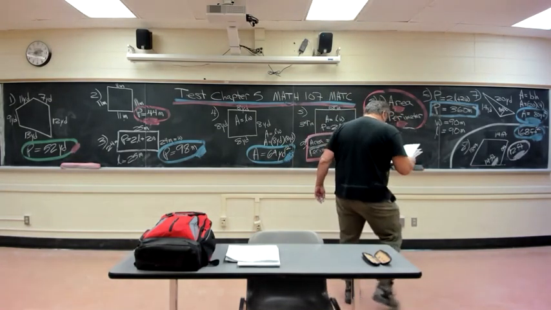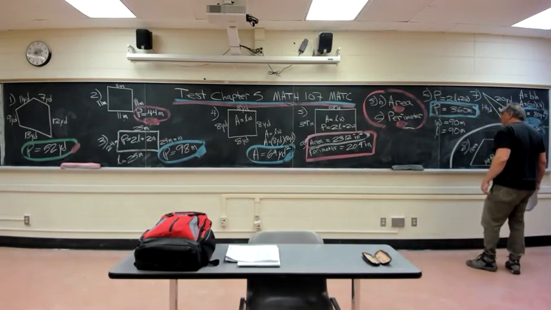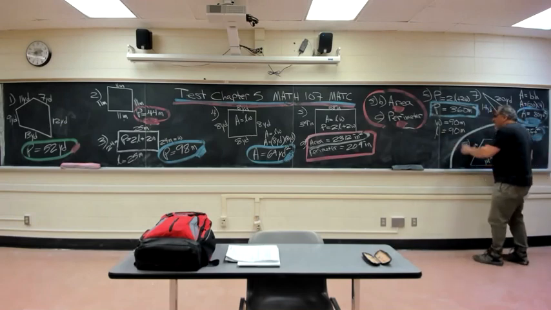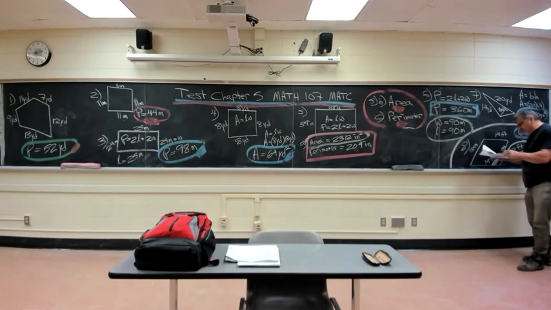For number 6, they gave 75 meters and 105 meters. If it's 75 meters in width and 105 meters in length, 75 and 105 is 180. If you double that, you get 360. The biggest area you're going to get is right here, 90 by 90. But the 75 by 105 is certainly fine. It'll certainly work.